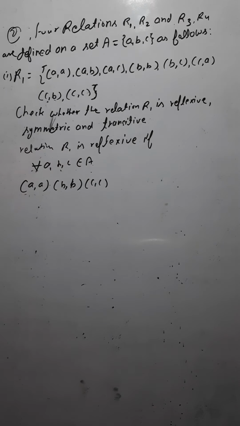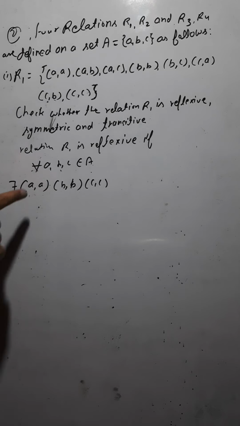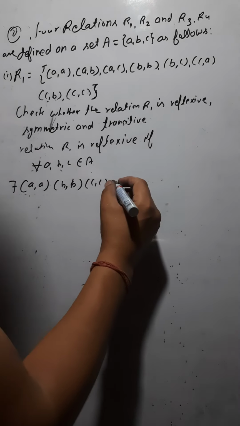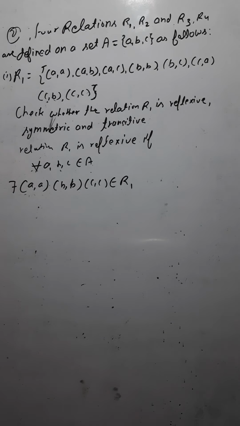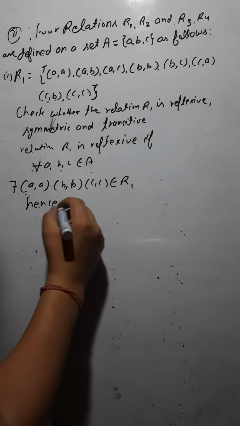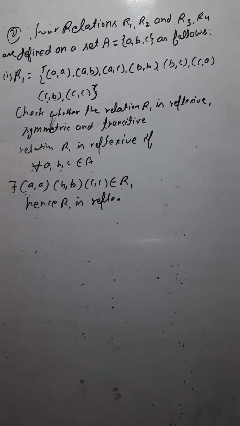For all A, B, C belonging to A, there exist AA, BB, CC belonging to the relation R1, isn't it? Yes, these are all there. So hence R1 is reflexive because the doublets of all the elements are there.